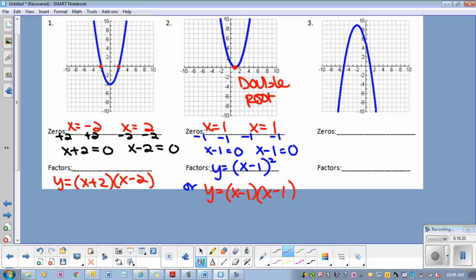If you just put in the y equals and then hit graph. Yeah? All right, perfect.